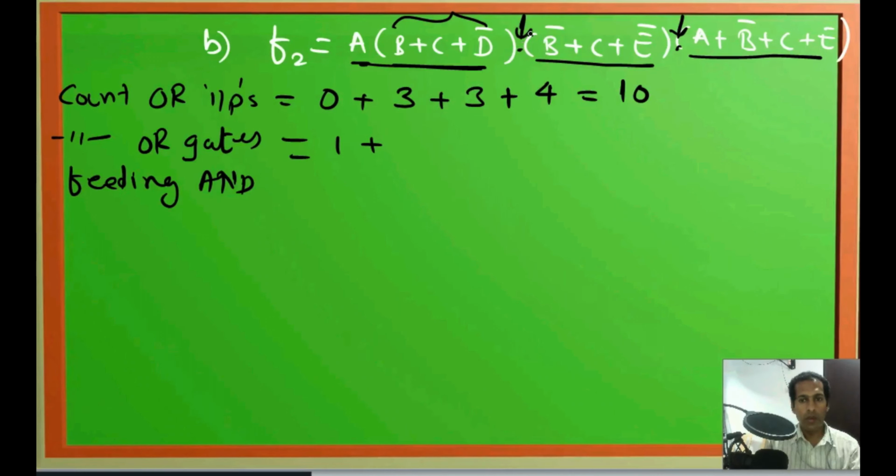Then for the next one we require one more OR gate, and for this also we require 1 OR gate. So that will be 4. The total count is 10 plus 4, 14.